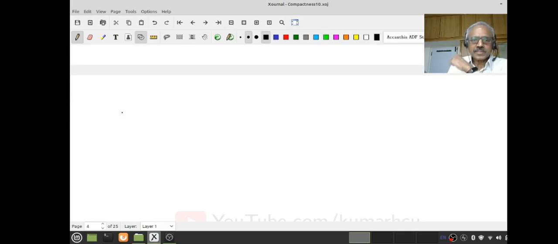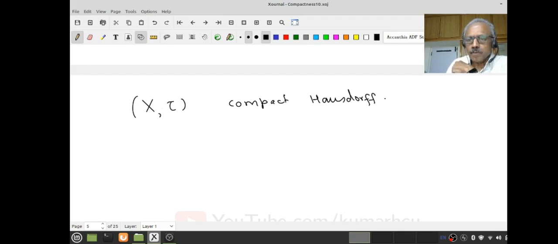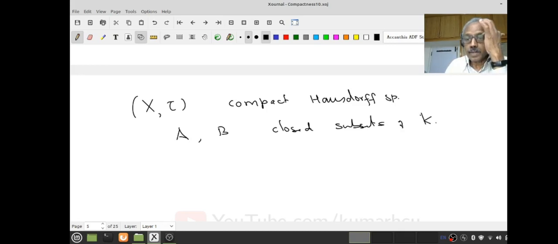In fact, we can prove something more. Suppose (X, tau) is a compact Hausdorff space and A and B are closed subsets of X so that A intersection B is empty. They are disjoint closed sets.